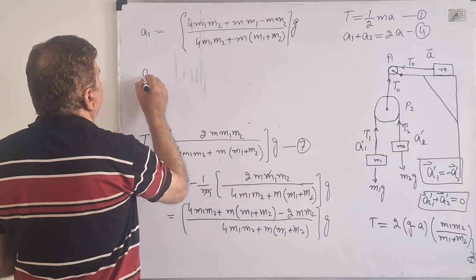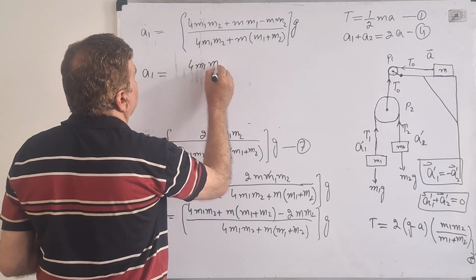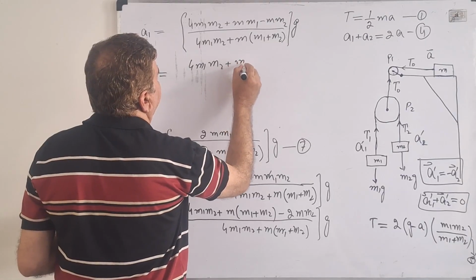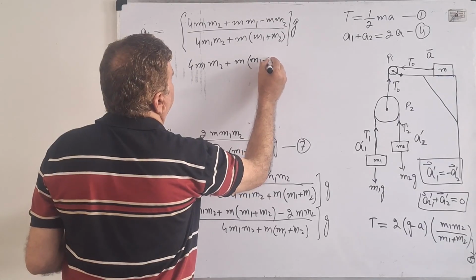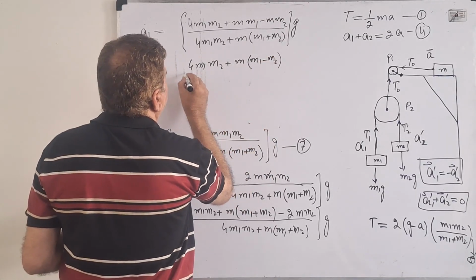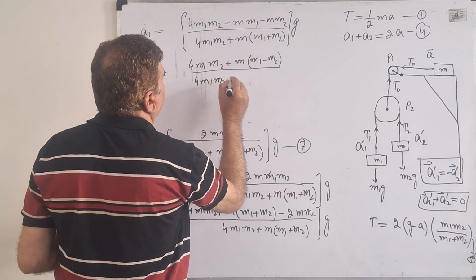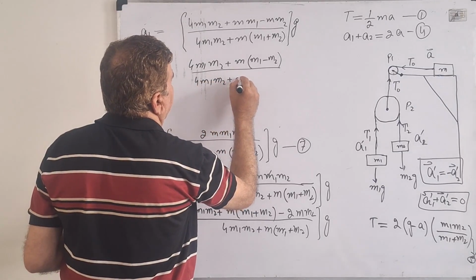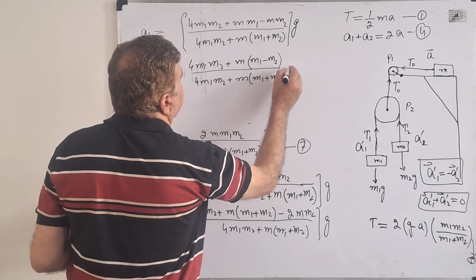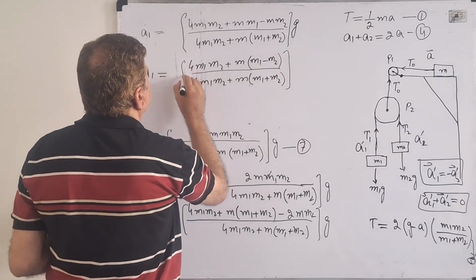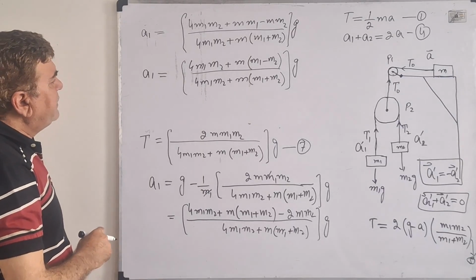Or one more step, I can write a1 equals 4 m1 m2 plus m. I can take m common from these two, and I write there m1 minus m2 divided by 4 m1 m2 plus m into m1 plus m2, times g.